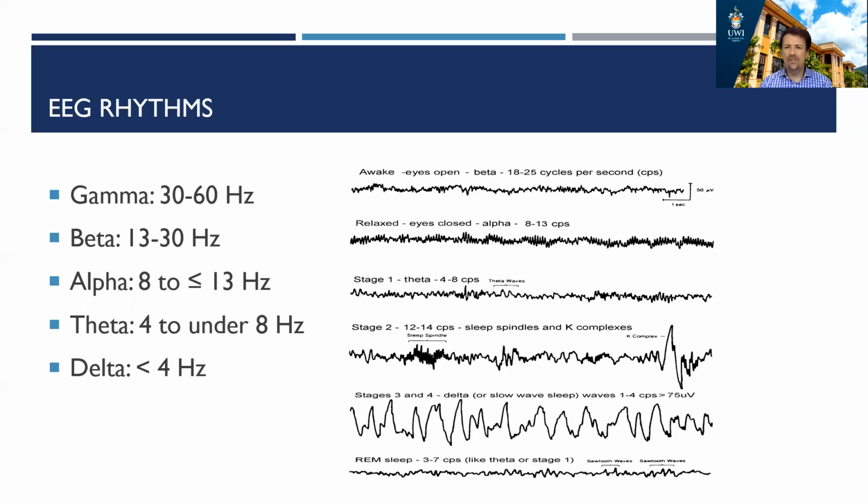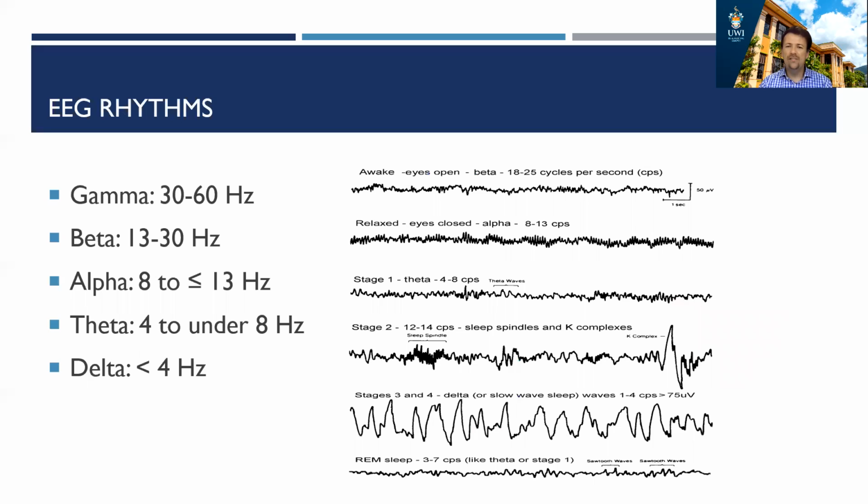The slowest waves associated with the brain are the delta waves associated with slow wave sleep. They tend to be less than 4 cycles per second, less than 4 hertz. The waves associated with being awake are called beta waves, and they tend to be up to 30 hertz.